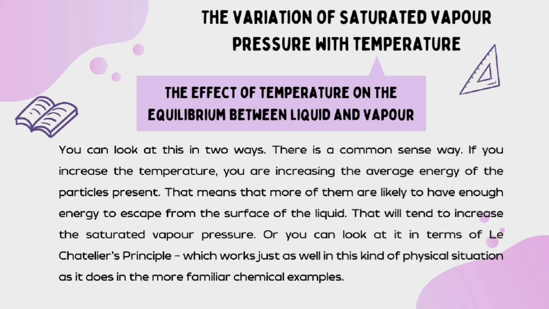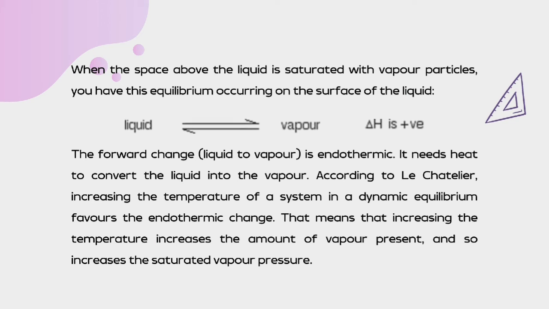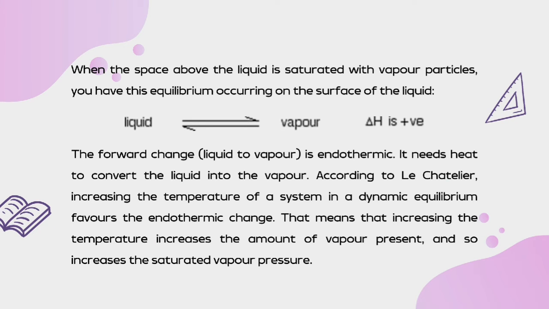Or you can look at it in terms of Le Chatelier's Principle, which works just as well in this kind of physical situation as it does in the more familiar chemical examples. When the space above the liquid is saturated with vapor particles, you have this equilibrium occurring on the surface of the liquid.